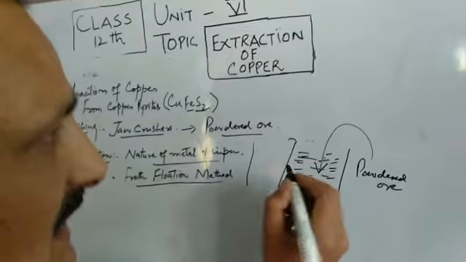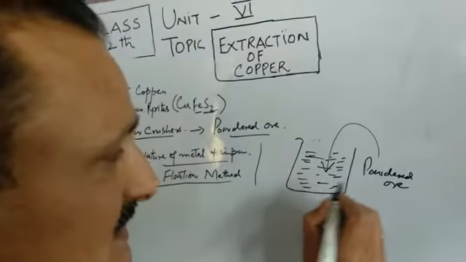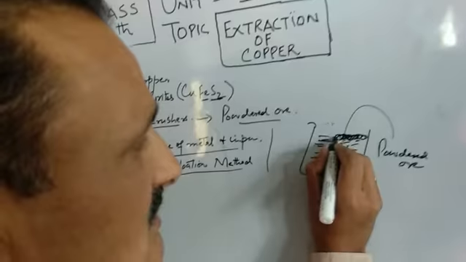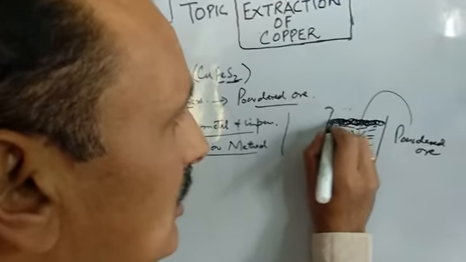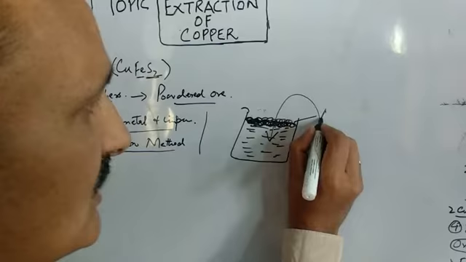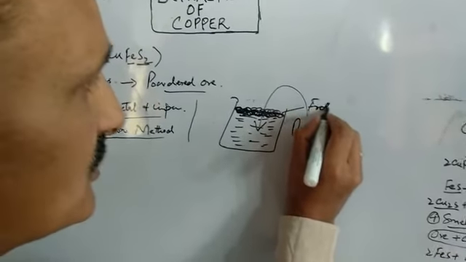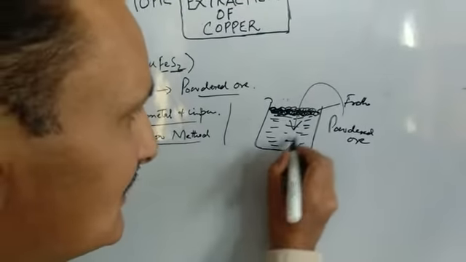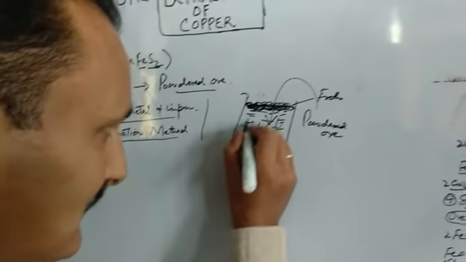The impurities, that is sulfur, which is present in it as an impurity, form the froth, the lather, here at the top of the solvent. That is why the process is known as froth flotation. Froth floats here, and the metal goes into the container.